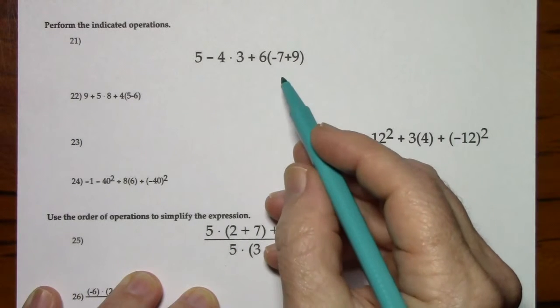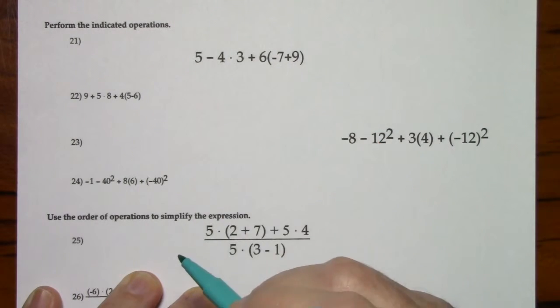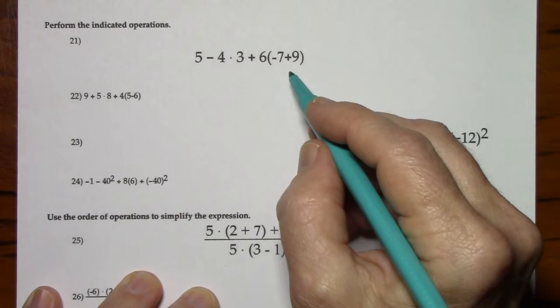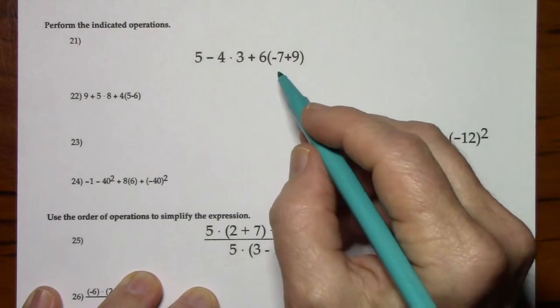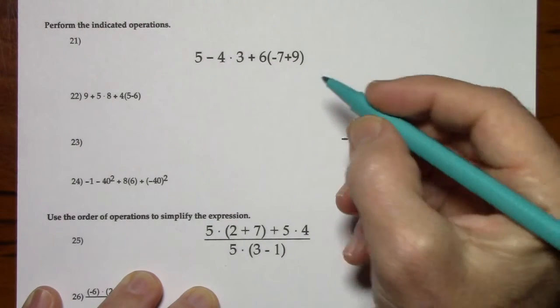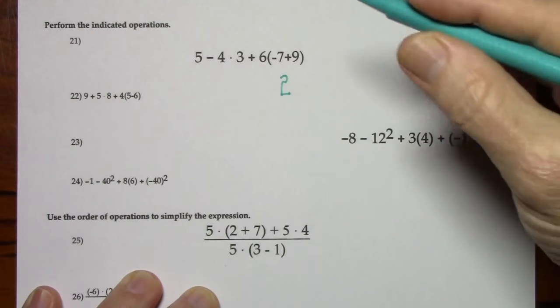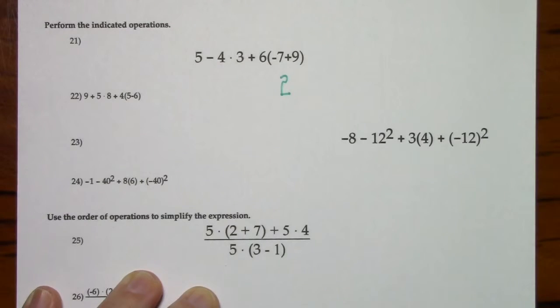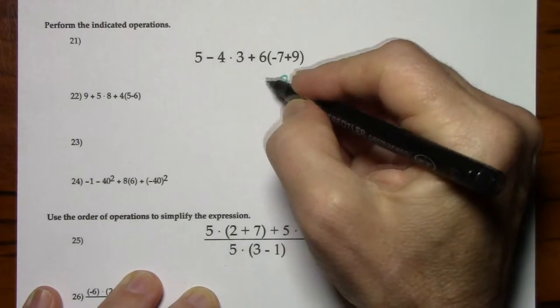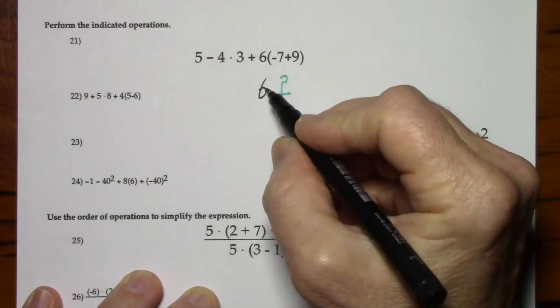We'll follow the order of operations to simplify this expression. Parentheses is our first concern. -7, +9 leaves us with a 2. I'm going to bring down whatever I haven't touched. 6. I have to preserve the operation.